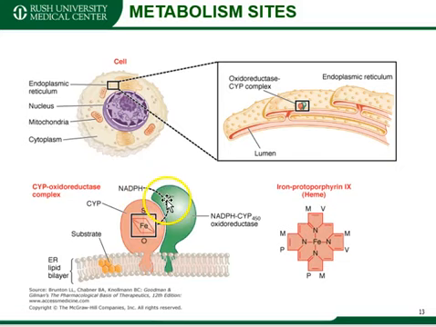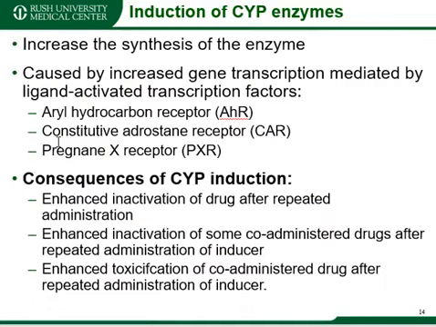This one's showing NADPH, as well as iron and sulfur molecules being important in some of these reactions. These are coupled to this larger complex within the plasma membrane, and all of this is occurring within the hepatocyte.